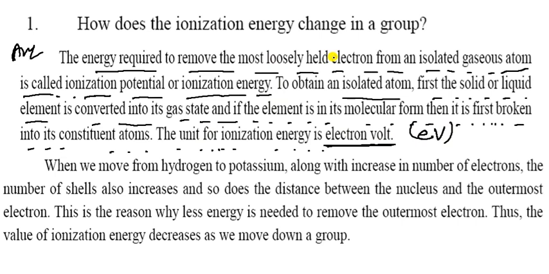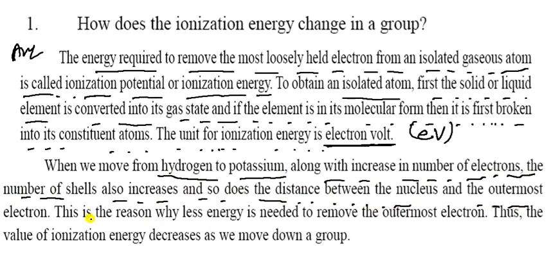Now what happens when we move down in a group? When we move from hydrogen to potassium, along with the increase in the number of electrons, the number of shells also increases, and so does the distance between the nucleus and the outermost electrons. This is the reason why less energy is needed to remove the outermost electron.